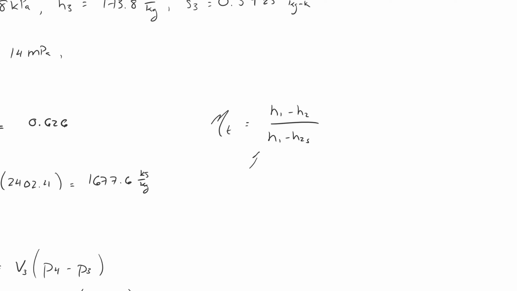So there's going to be a bigger drop between H1 and H2S for an ideal turbine than between H1 and H2 for the actual turbine. All right, so doing a bit of rearranging now, we can write this equation for H2.